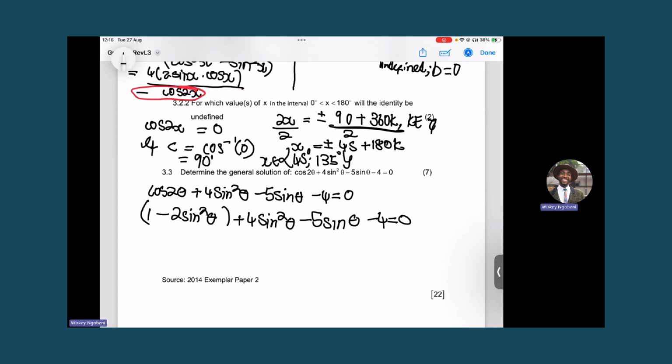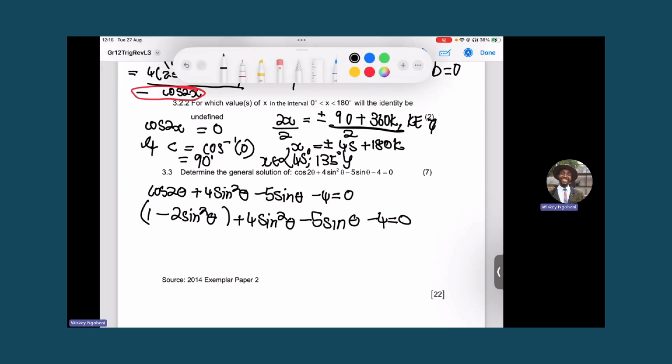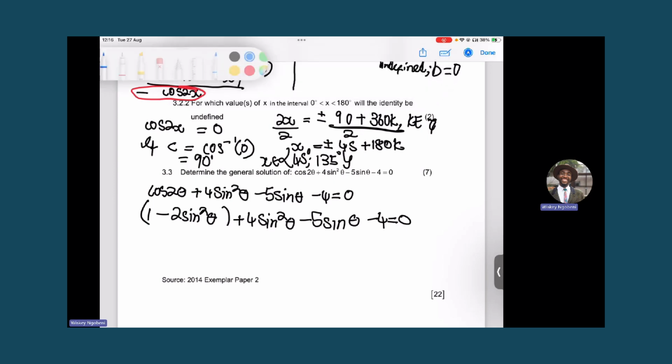Now we have like terms. You must simplify this by looking at like terms.